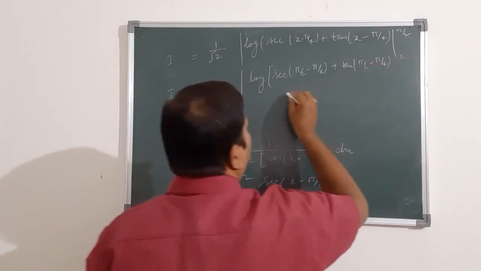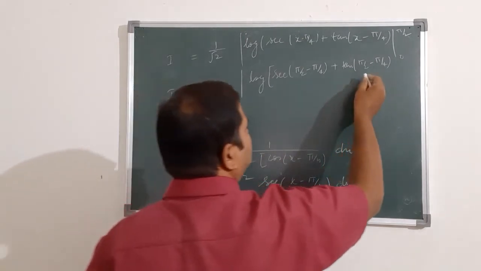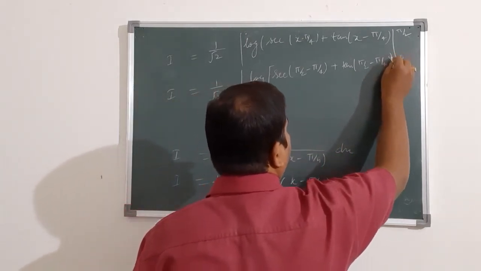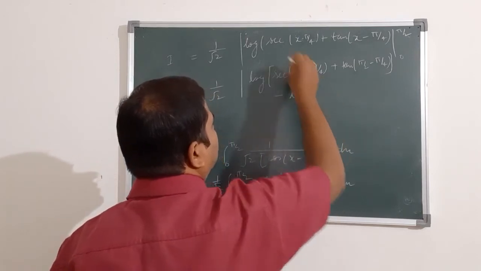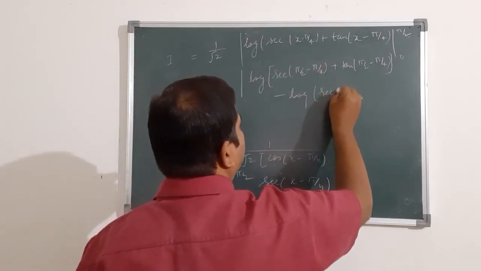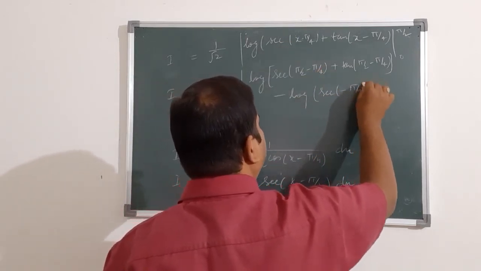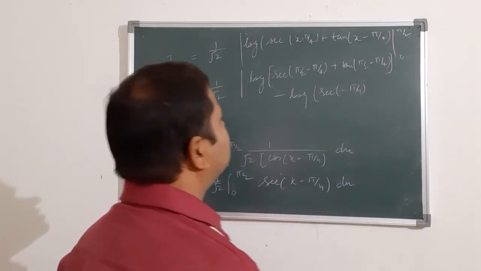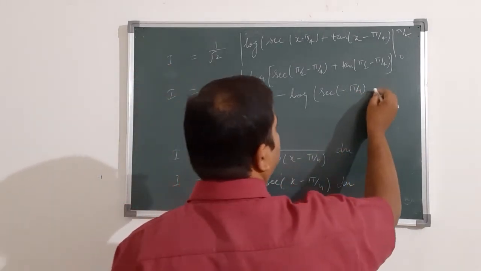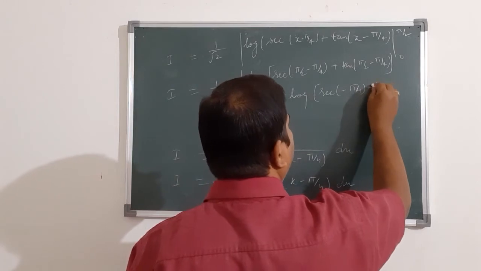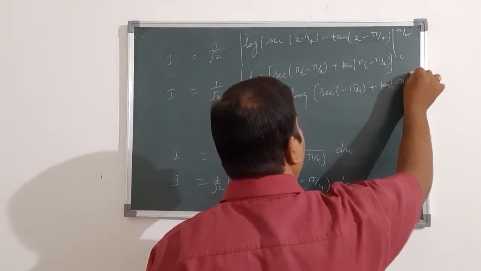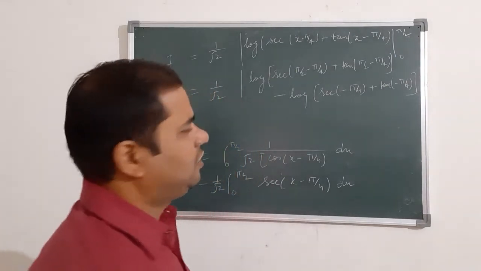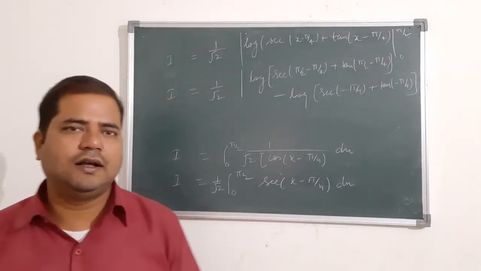Okay, log of this minus log of this at 0, so sec of minus pi by 4 plus tan of minus pi by 4, and now calculate it, we will get the answer.